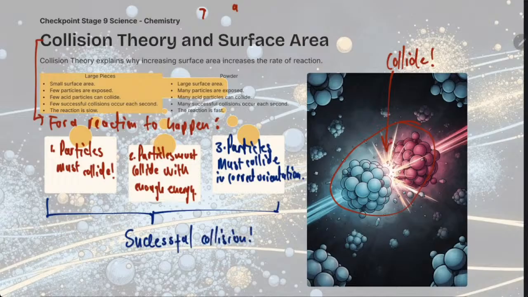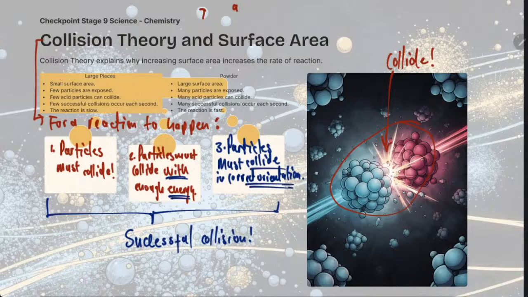A successful collision is a collision in which the particles must have enough energy and they must be in the correct orientation. Okay? So let's see here.